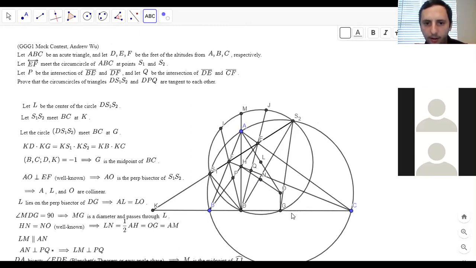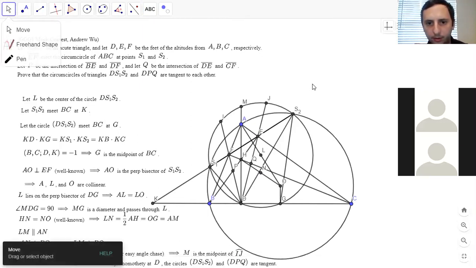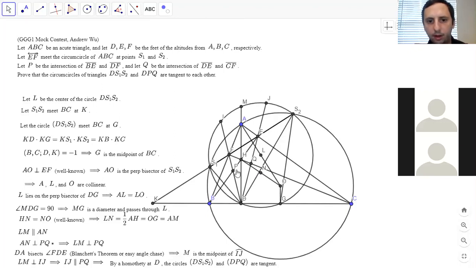So DFEG is the 9-point circle. So the power of P with respect to that is FP times FD, which is the same as PH times PB. And the power of Q with respect to the 9-point circle is QE times QD, which is QH times QC, right?